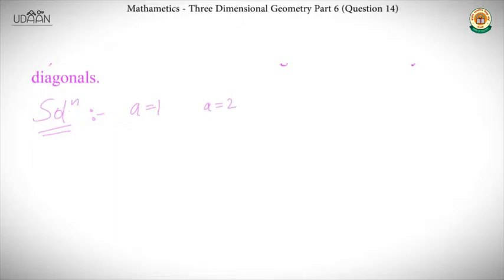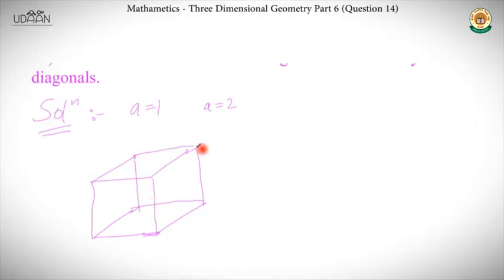First, let us understand what body diagonals are. If this is a cube, body diagonals are lines joining two vertices which are exactly opposite of each other.